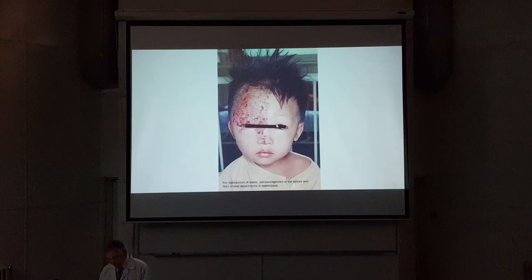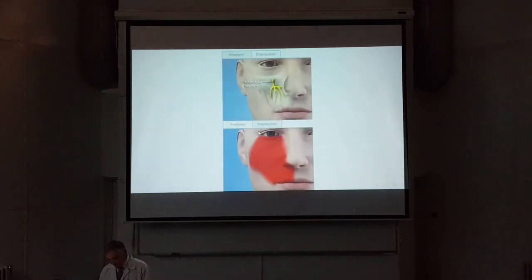This oriental boy has, although it's not nice to say very, very nice, it is not nice at all, but the distribution is exactly the same as ophthalmic division of trigeminal.